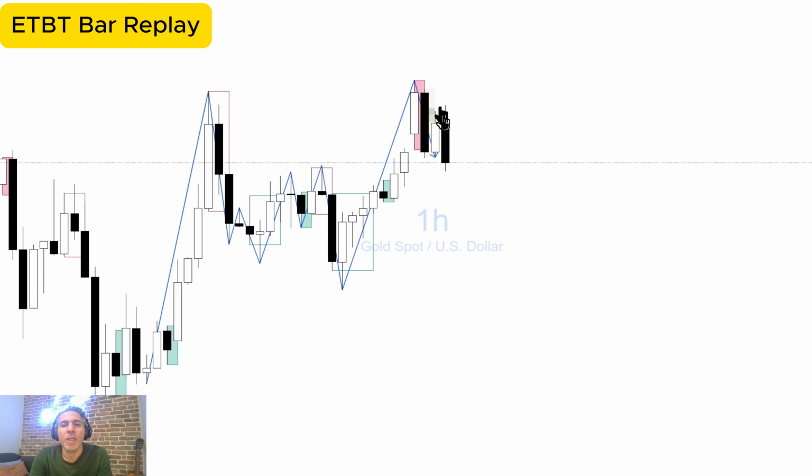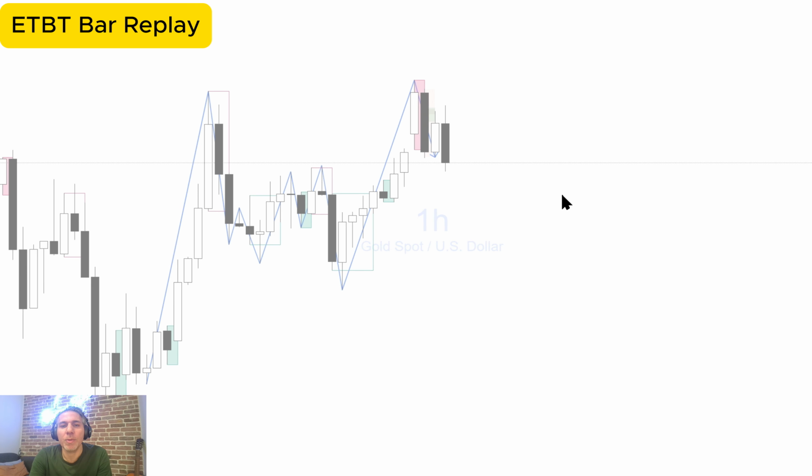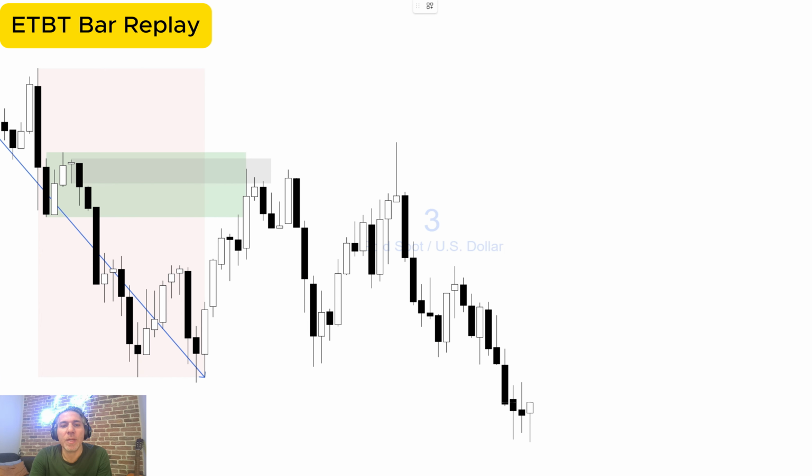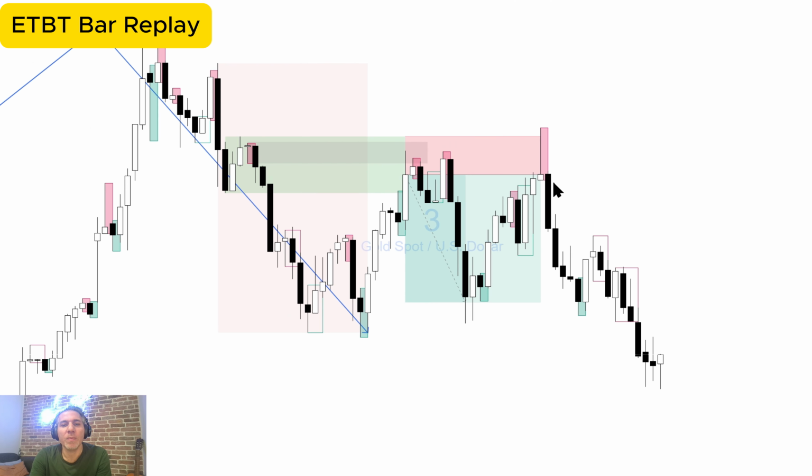I want to go back to the lower time frame. Look at this one. If you were not exiting here, what would happen to your stop? Actually, we entered in 3 minutes, I think. Yes, like that. So if you were not exiting from your trade here, what would happen to your stop? If your stop was here, your stop would be hit, and right away it was going out.